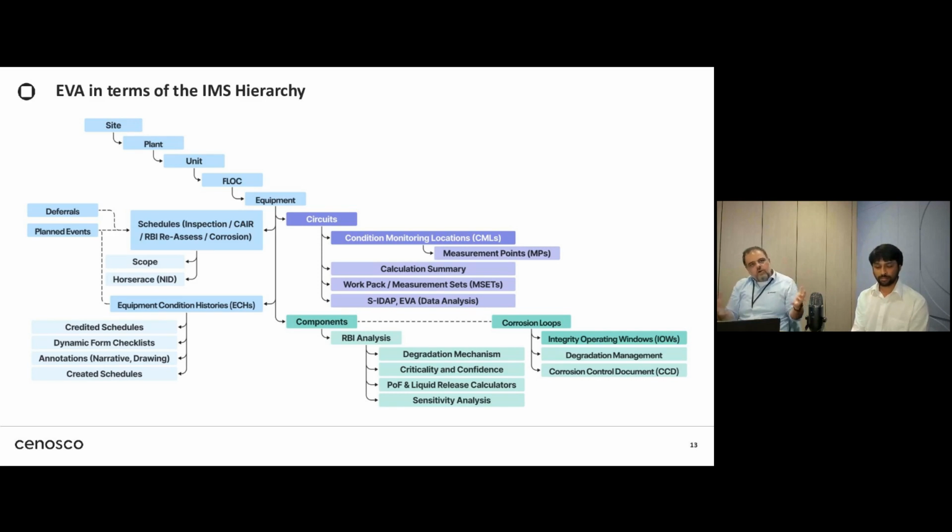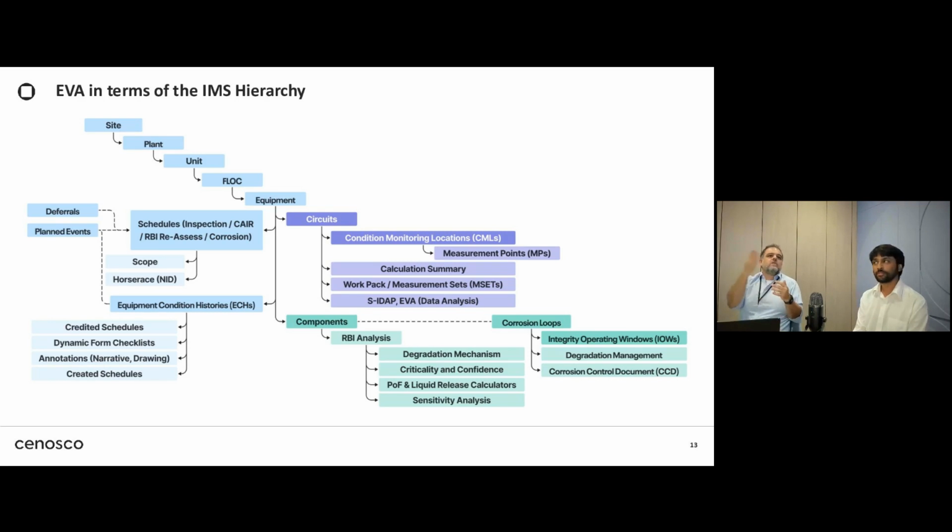On a bigger picture, the outcome of that calculation will be used in what we call schedules. Schedules are synced with the work orders and so on. So that's the planning side. At that planning stage, you can also defer inspections. You can group them for a planned event.